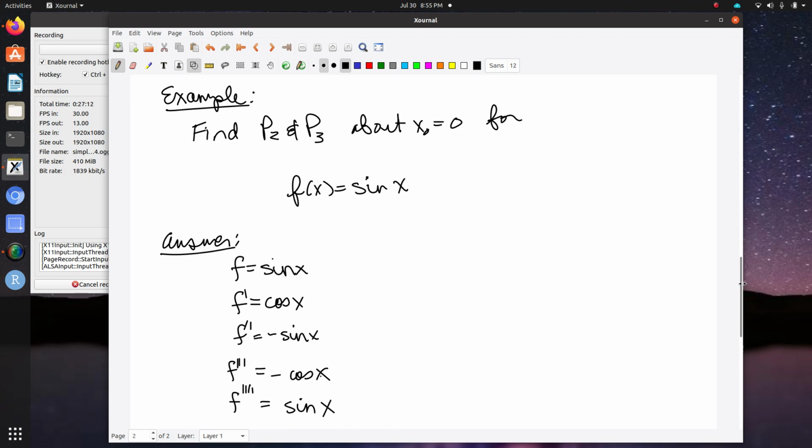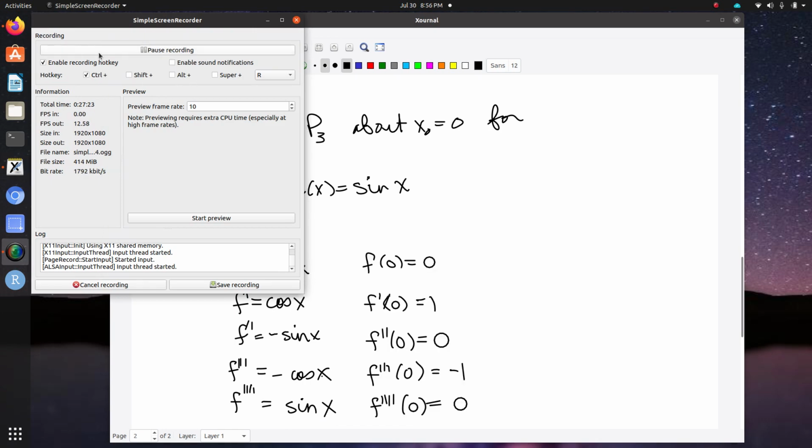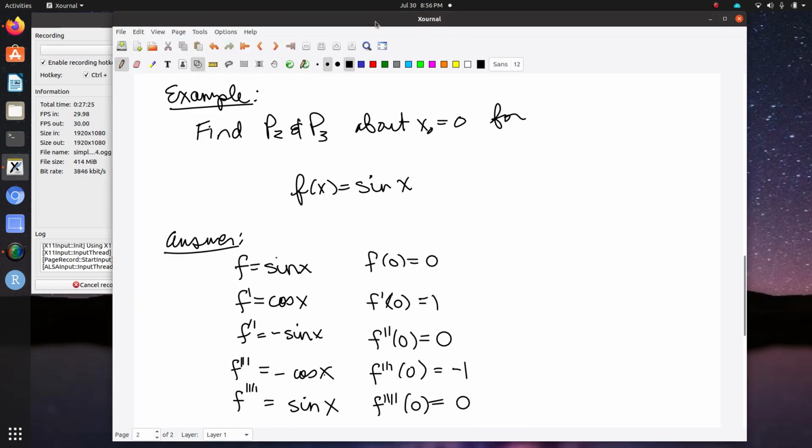So just keep in mind, Taylor is at one end of the spectrum where you pile up all your information in one place, and later we will spread out the information, okay?